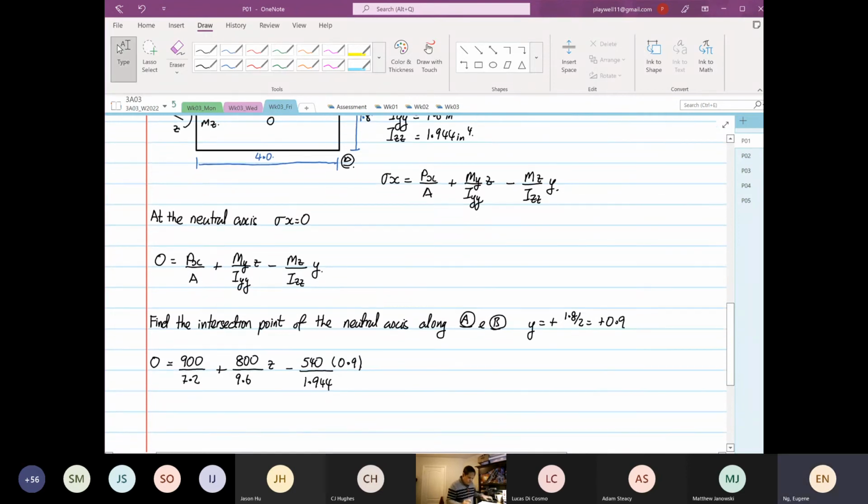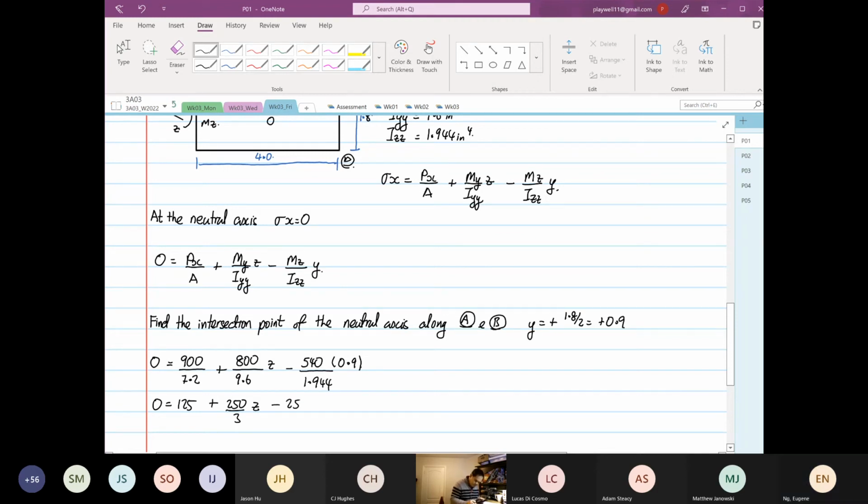So this will be equal to 900 divided by 7.2, which is 125, plus 800 divided by 9.6, which is 250 over 3, times z, minus 540 times 0.9 divided by 1.944, which is equal to 250.